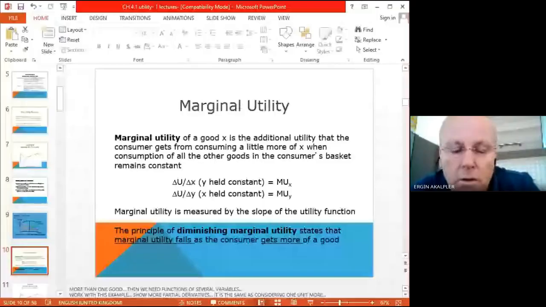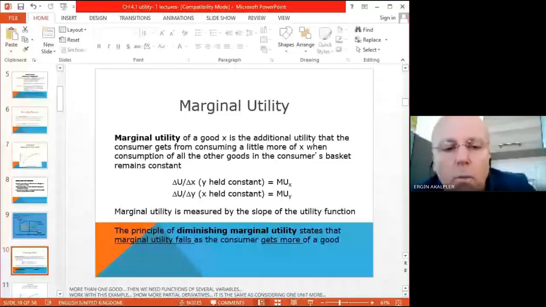As I said to you, the marginal utility is the additional utility that the consumer gets from consuming a little more of X when consumption of all the other goods in the consumer basket remains constant. Therefore, we are not enlarging our utility as much as we are increasing our consumption.